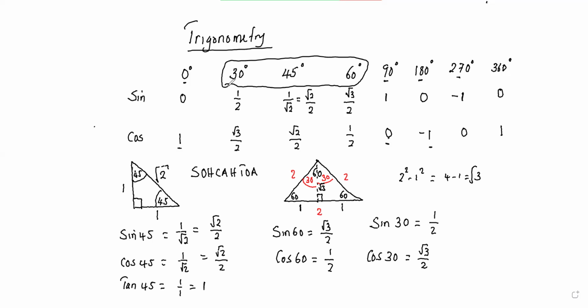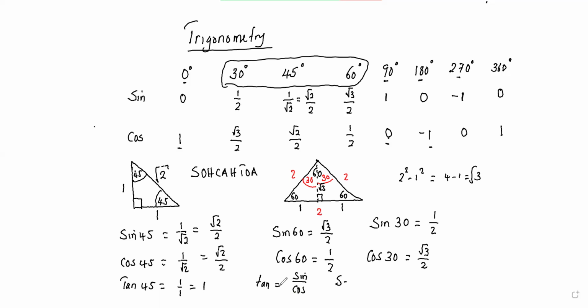Okay, so then we can expand the talk to other ratios. We haven't talked about tan, because we know that tan is just sine over cos.